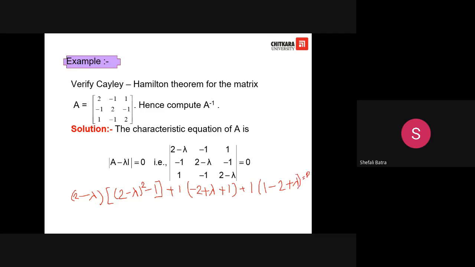Now simplify it and let me know what the characteristic equation will be. Take 2 minutes and simplify it, and then let me know what equation you are getting.